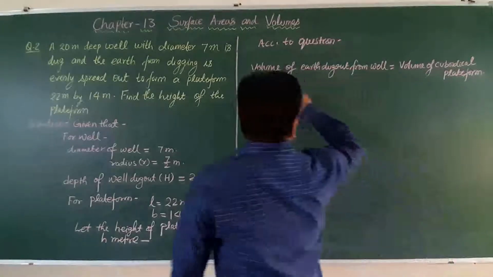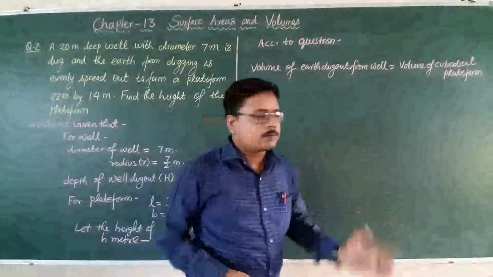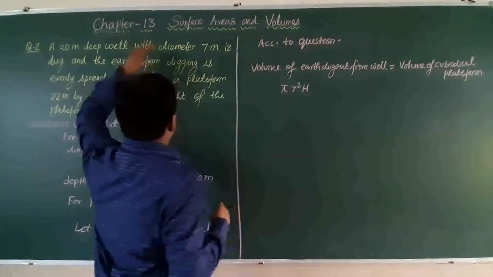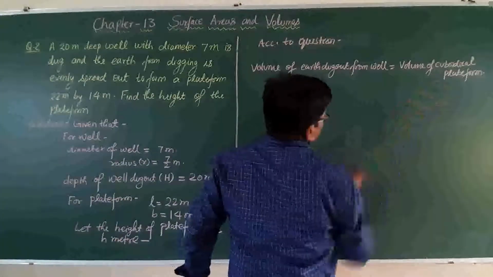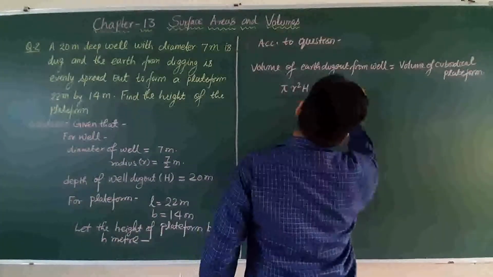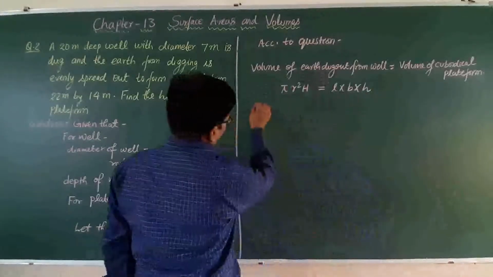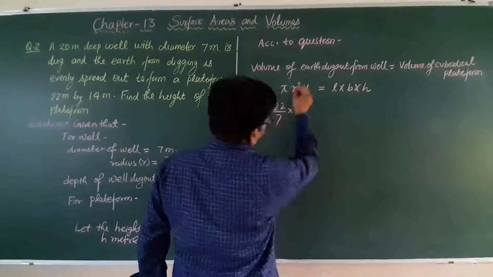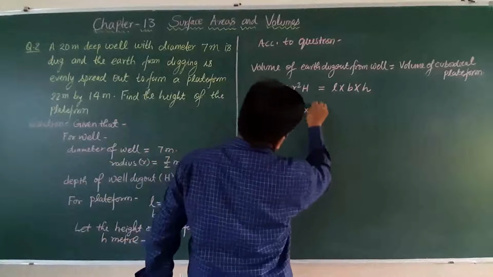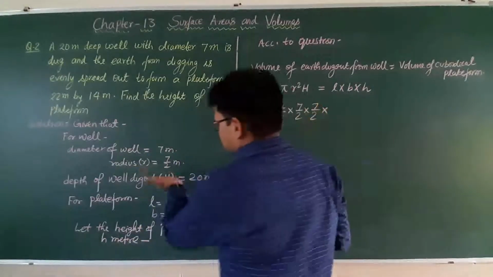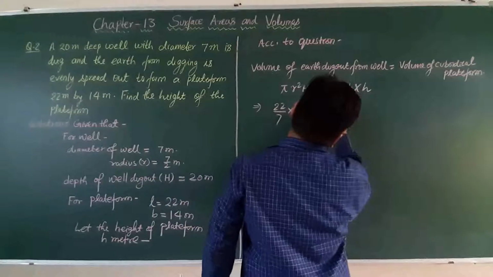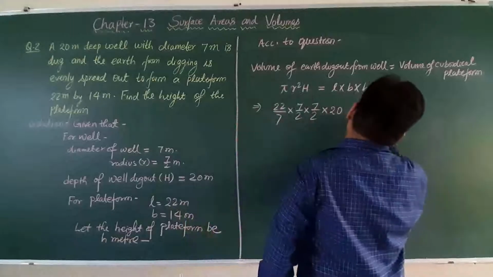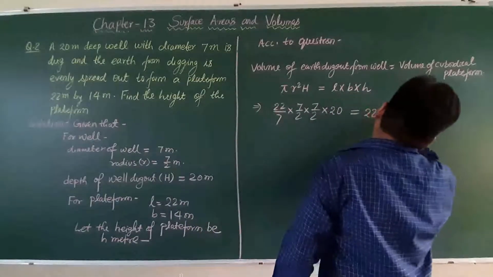The volume of earth dug out from the well is cylindrical, so the volume is πr²h, where h is the depth of the well. The volume of the cuboid is l into b into h. Putting the values, π is 22/7, r is 7/2 into 7/2, and h, the depth of the well, is 20, equal to length 22 meter into breadth 14 meter into h.